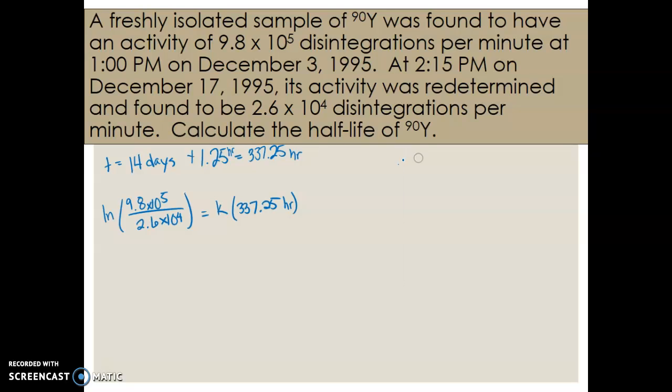So the T1/2 is equal to 0.693 divided by K. We have to find what our K is before we can use that equation. So that's what we're doing here with the first order integrated rate law. So go ahead and pause the video and solve this.